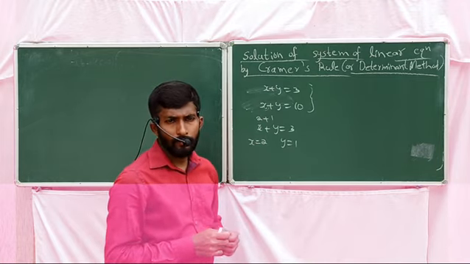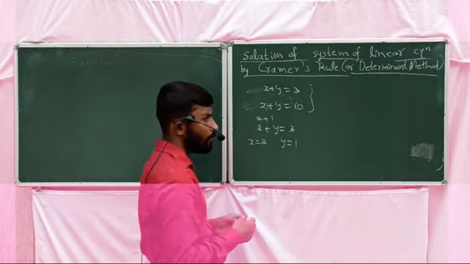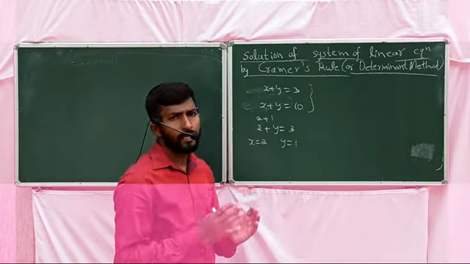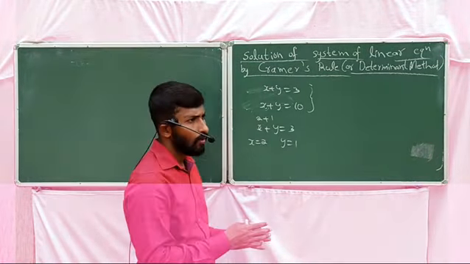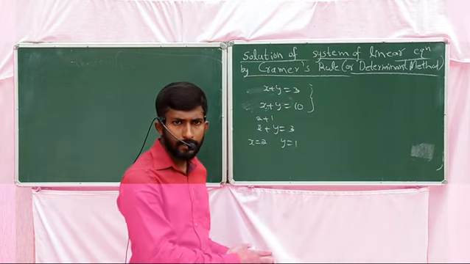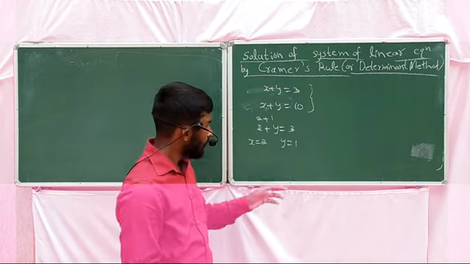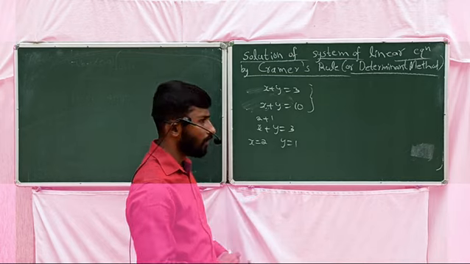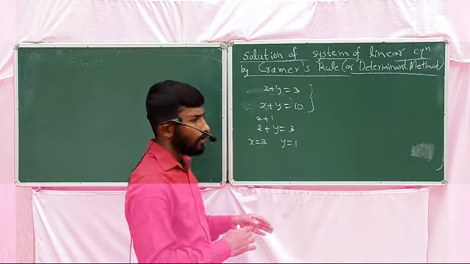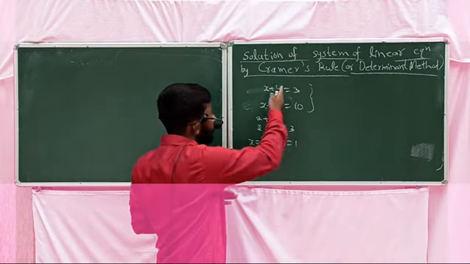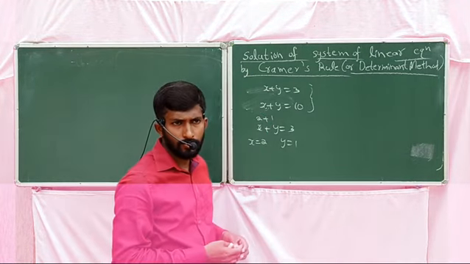A solution of a linear equation means values of the variables that satisfy the equation. By giving values to x and y, you have to get the RHS value. If LHS is equal to RHS, then that x value and y value are called the solution for the given linear equations. When two equations are given, you can use the elimination method or the substitution method.